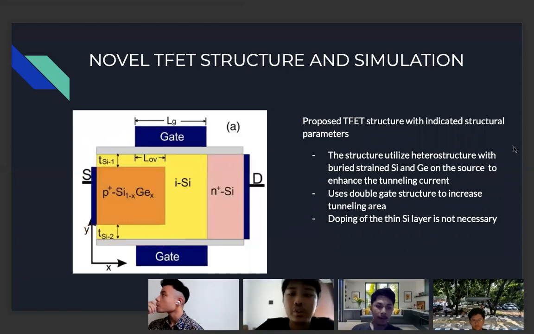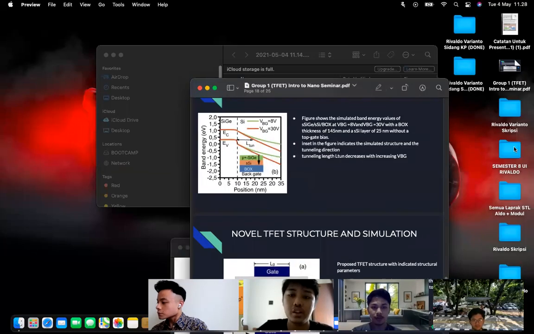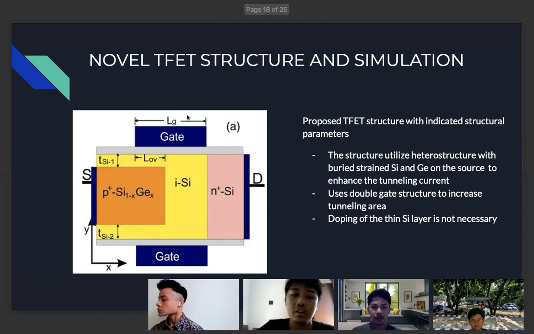Okay, so this is the structure of the TFET and then the simulation. As you can see, this is the picture of the TFET structure, which consists of the double gate, and then the drain and the source.